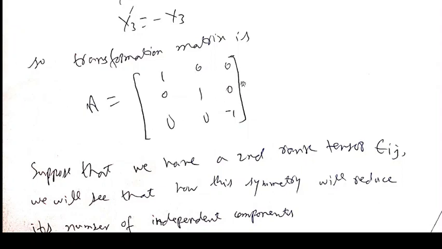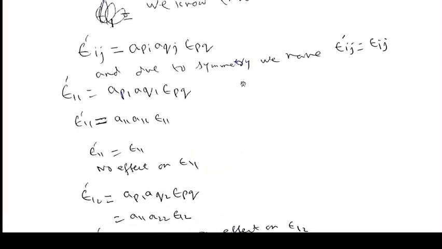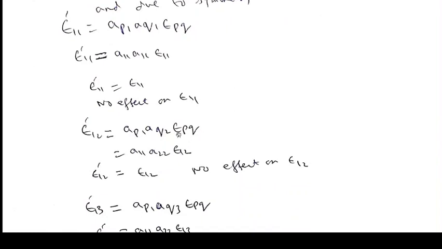You can see that only the diagonal components are not equal to 0, all others are 0. So that is why the second and third terms are not written, because they are 0. Now what is a11? A11 is basically 1, so epsilon dash 1 1 is equal to epsilon 1 1. So no effect on epsilon 1 1. Epsilon 1 1 remains epsilon 1 1 after transformation.